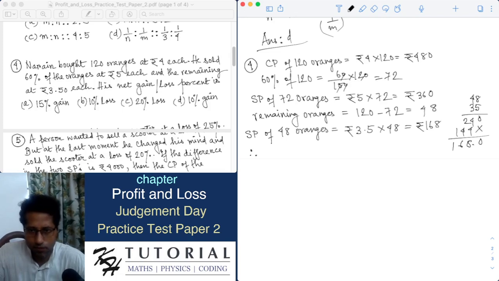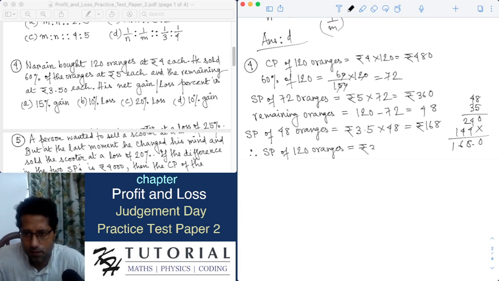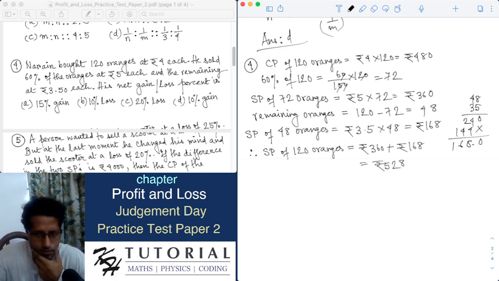So the selling price of 72 oranges was rupees 360, and the selling price of 48 oranges is rupees 168. Therefore, the selling price of all 120 oranges is equal to rupees 360 plus rupees 168. This is rupees 528, the total selling price of 120 oranges, and the cost price of 120 oranges was rupees 480.